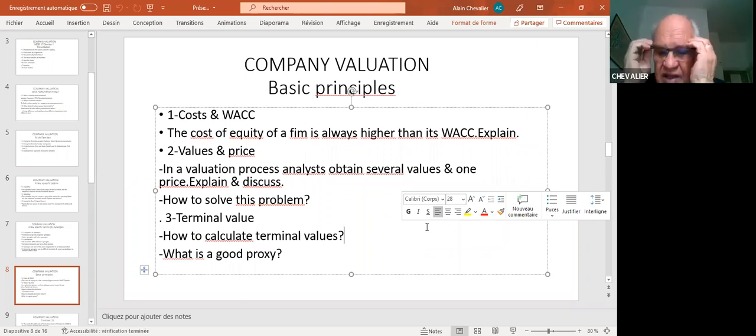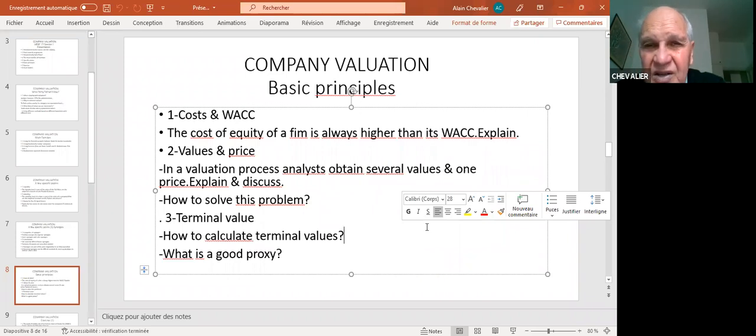What you do, and have a look at what happens on the market when there is an IPO, for example, and this is a good example. When you calculate values, and these values seem to be accurate, what you do is say all these values can be a price.